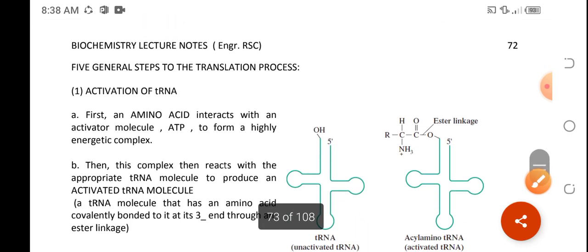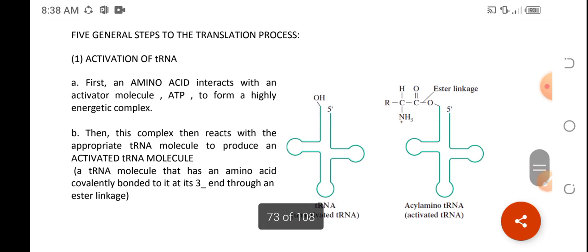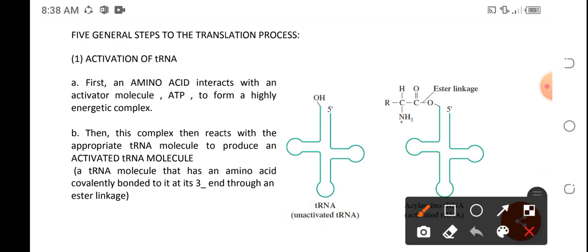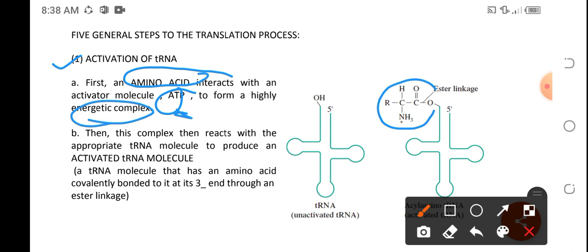Okay? So we have 5 general steps for this translation process. So una, we have the activation of tRNA. So ma-activate muna si tRNA with the help of an ATP molecule. Ito yung activator niya, adenosine triphosphate. Magfo-form si amino acid, it will then become highly energetic para maka-attach siya dun sa 3' end ng tRNA.